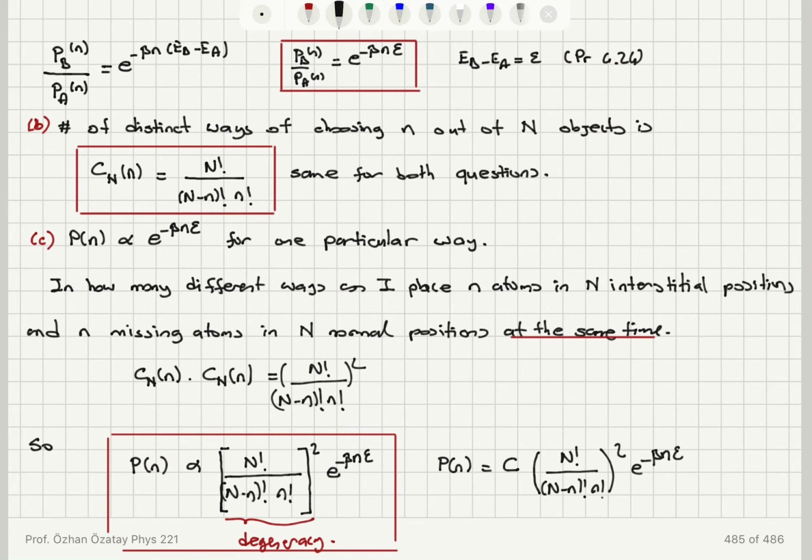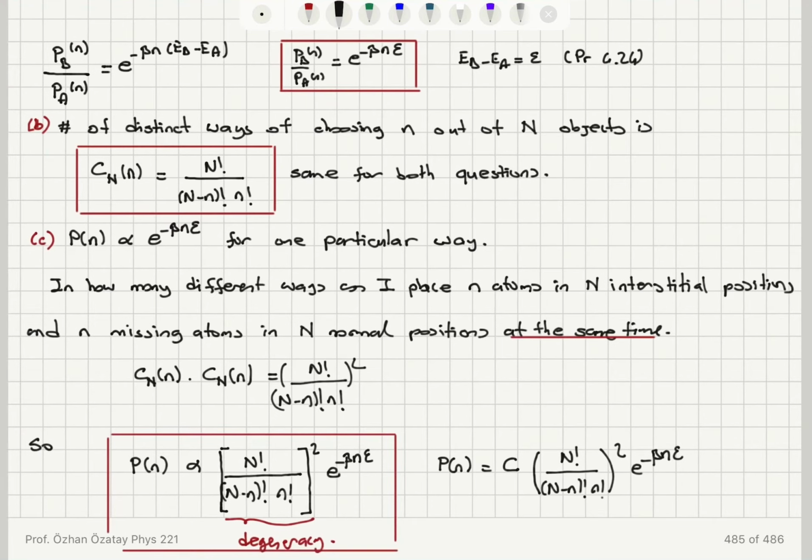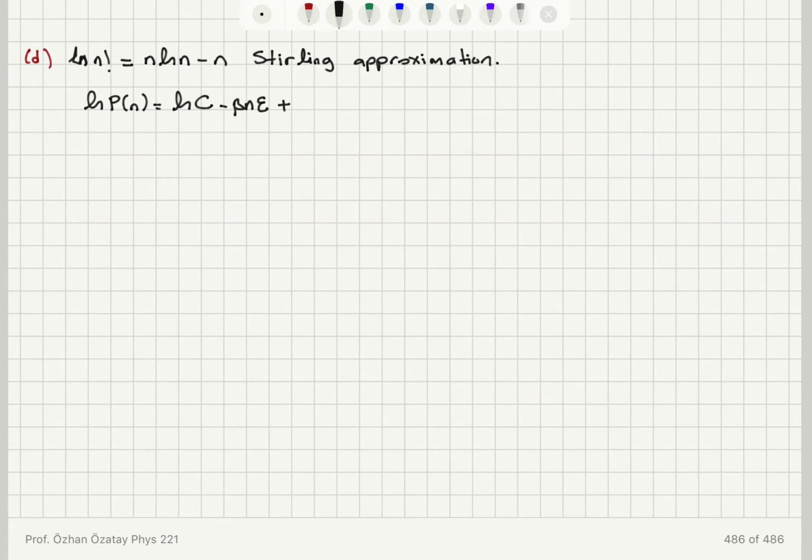Then I will have the natural logarithm of the exponential, which will give me a minus beta n epsilon. And then I have the natural logarithm of the square, which will give me a factor of 2. And then I have the natural logarithm of capital N factorial minus the natural logarithm of n factorial minus the natural logarithm of capital N minus n factorial.